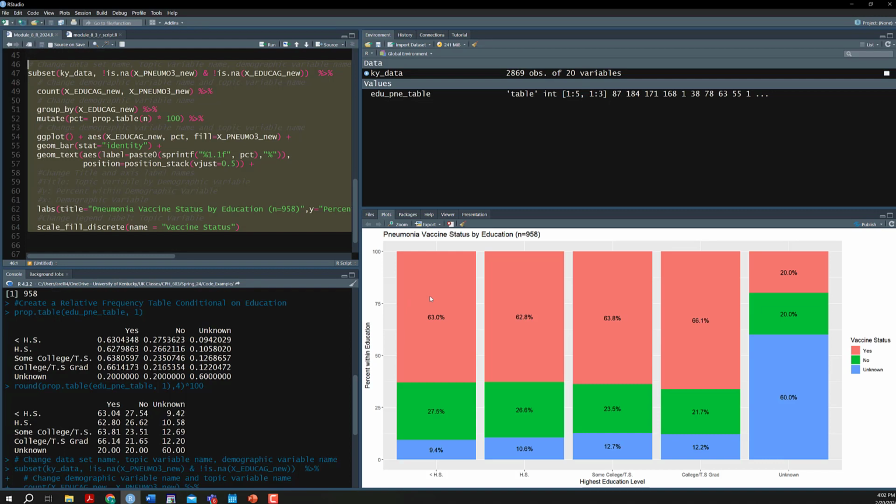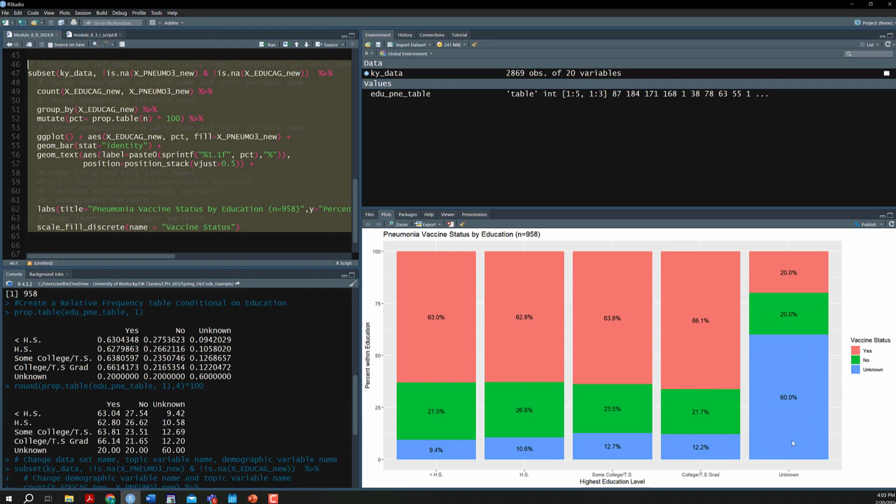As we look across these different bars, we're trying to see, do the bars look fairly similar across different levels of education, or do they look different? If they look different, that suggests there is an association between our demographic variable, in this case education, and whether or not someone receives a vaccine.